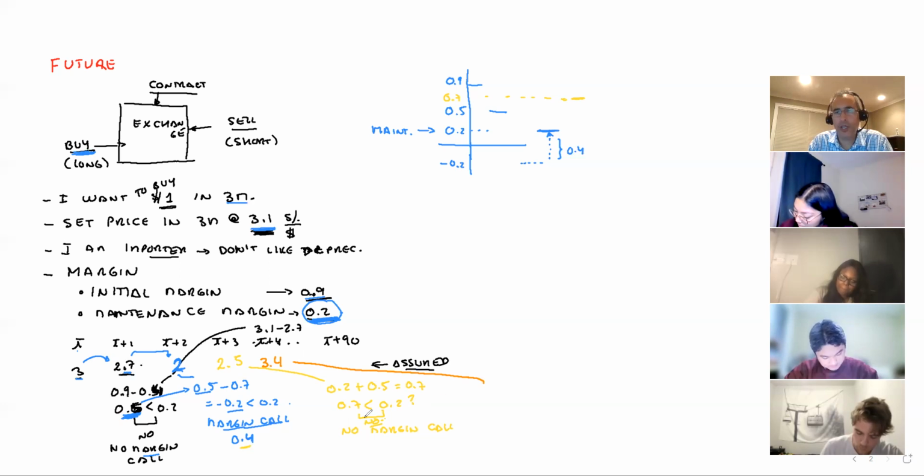Okay, so now I started with 0.7. And what is the difference? Plus 0.9. So I now have 1.6. And the question is, is 1.6 more than 0.2? Obviously, yes. No margin call.